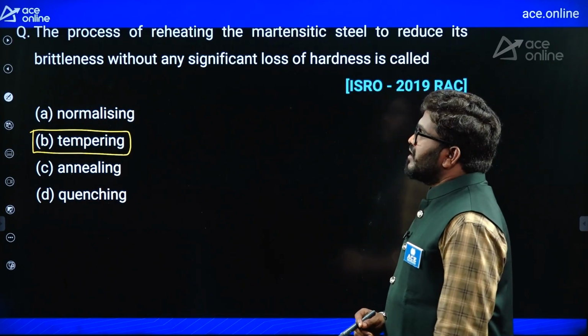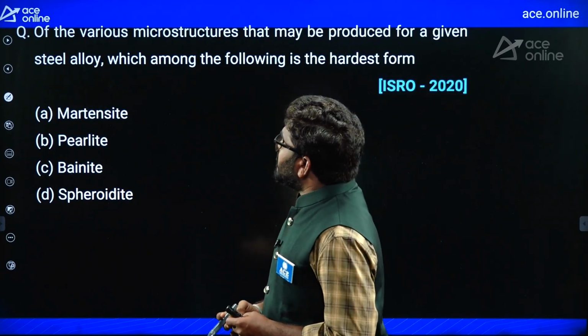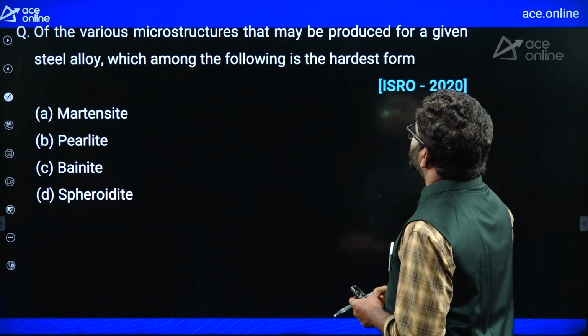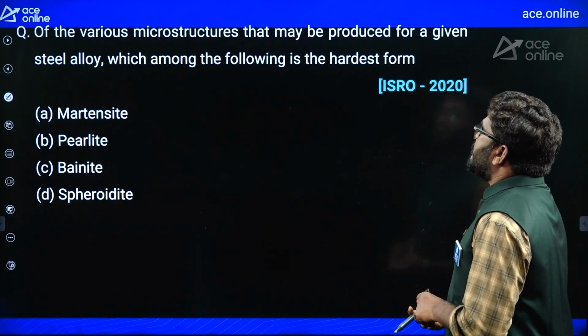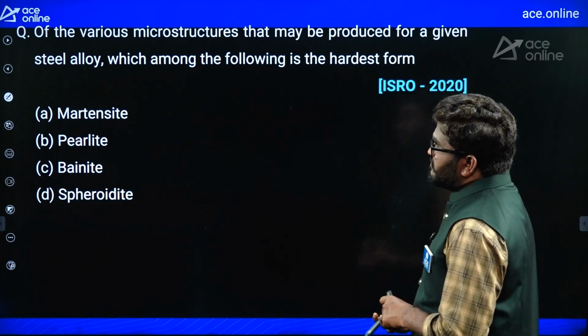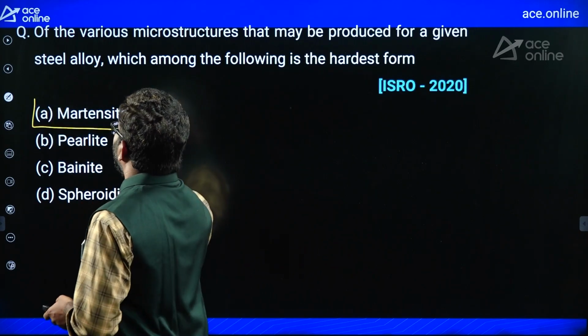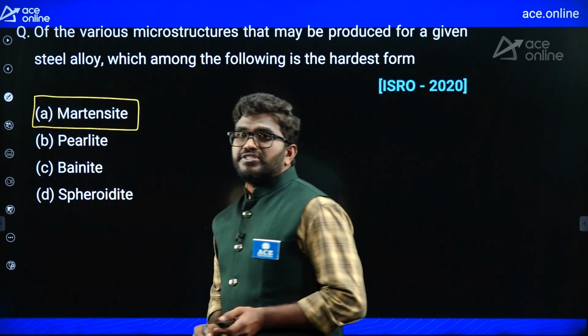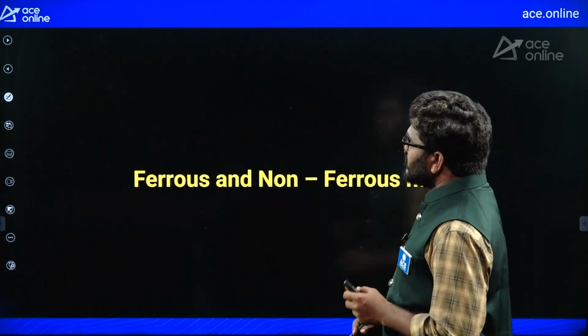So B is the correct answer for this question. Next, of the various microstructures that may be produced for a given steel alloy, which among the following is the hardest form? Martensite is the hardest form. A is the correct answer for this question.